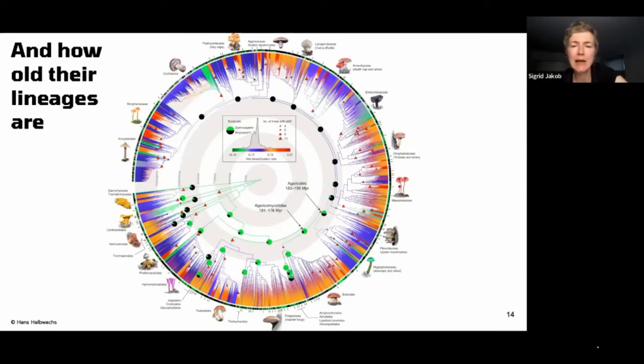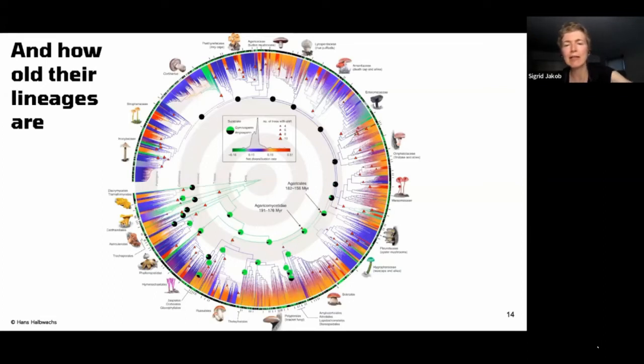And then, as you go around the tree, they get younger and younger, and you end up with the Inocybaceae and the Strophariaceae that are, like in the Paleogene, much younger, so they split from the ancestors much more recently.